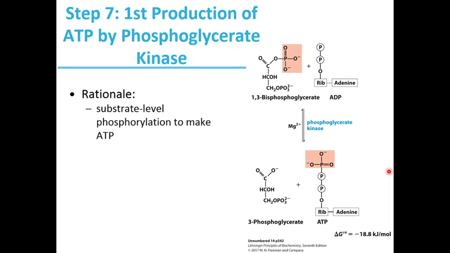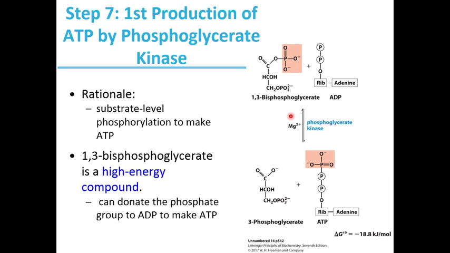1,3-bisphosphoglycerate is a high energy compound and can donate the phosphate group to ADP to make ATP. So it has so much energy that it can donate the phosphate to ADP to make ATP. And yet the standard free energy change is minus 18.8 kilojoules per mole.